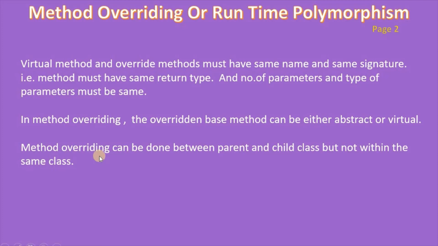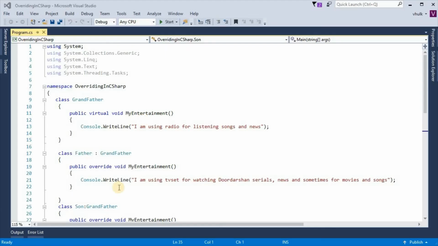Method overriding can be done between parent and child class, but not within the same class. In the starting of this video, we have seen that child class can use parent class method because of inheritance.